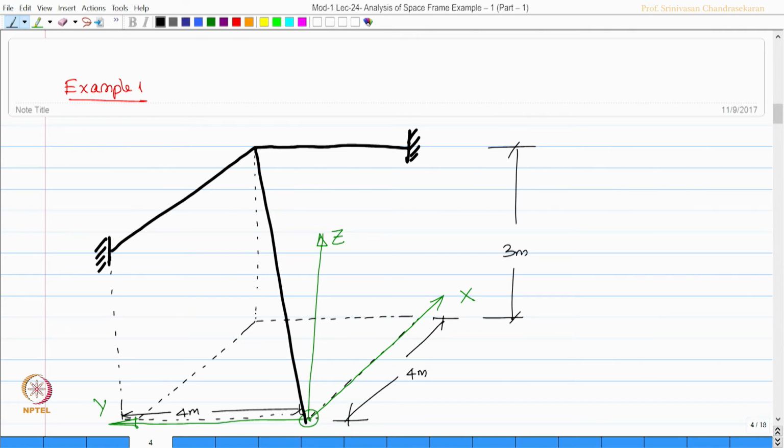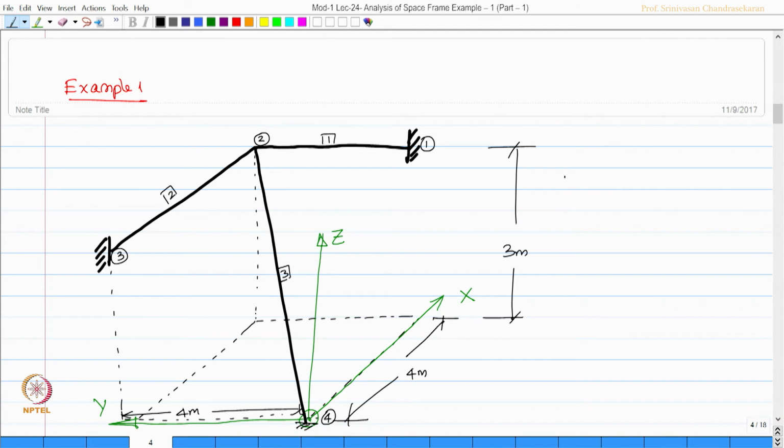Let us name the members. This member is member 1, this member is member 2, this inclined member is member 3. Let us name the joints. Let us say this is joint 1, joint 2 and joint 3, and this is just resting at this point, let us say 4.